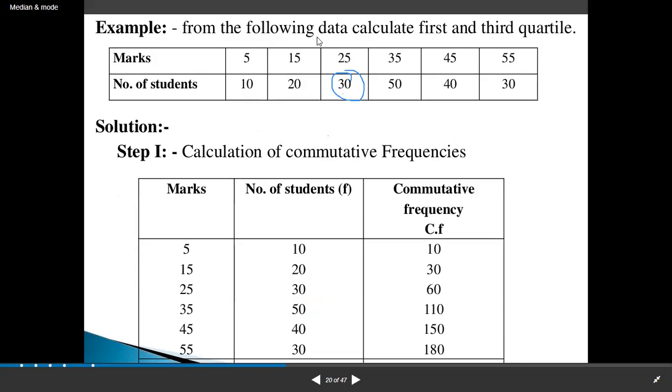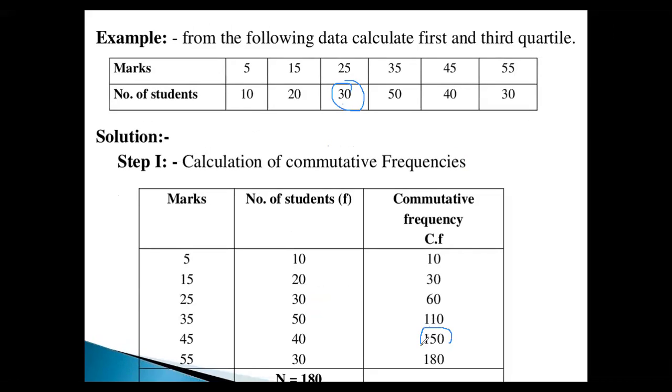The nearest value of 135 is 150; 110 is less, and 180 is very far away from that. So the nearest value of 135 is 150, and its class value is 45 marks. So this is the way to find out quartile 1 and quartile 3.